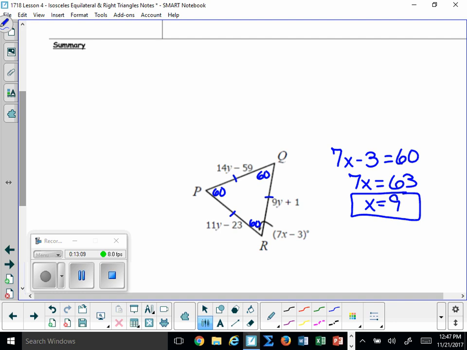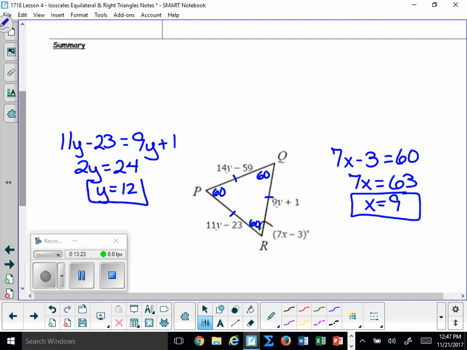I think I'll do the 11y minus 23 equals 9y plus 1. Those numbers are smaller, and I like smaller numbers. So 2y equals 24, and y equals 12. You could have used the 14y minus 59 equals 9y plus 1, or 14y minus 59 equals 11y minus 23, but why deal with numbers that big if you don't have to?